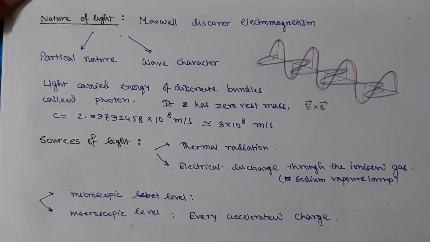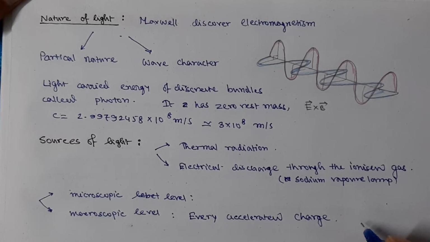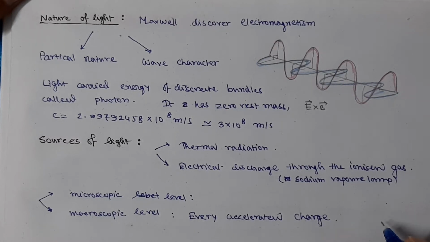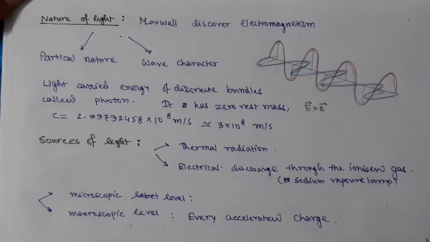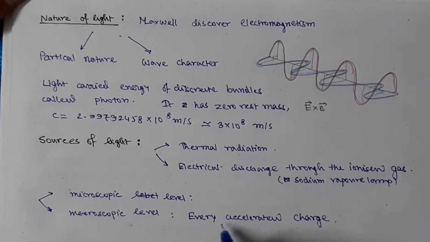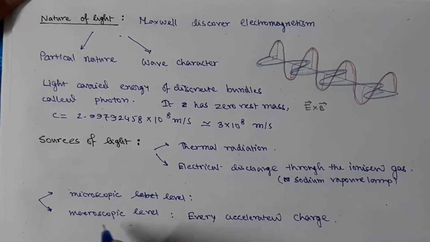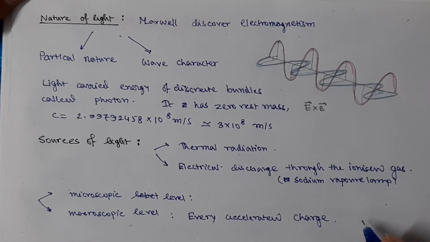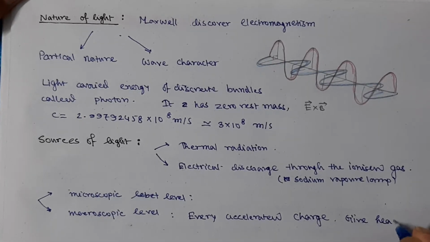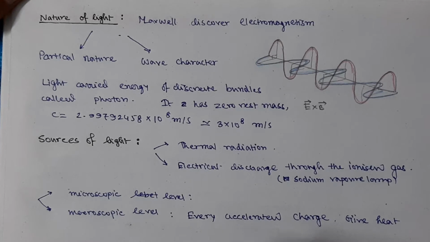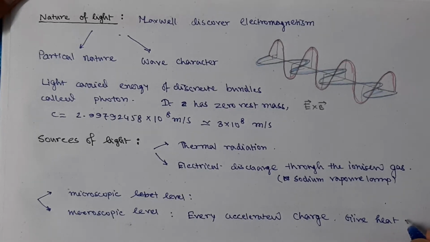Okay, if the charge moves with a constant velocity or the charge is stationary, then it never produces radiation, it only produces an electric field. So when the charge is accelerated in some medium, then it actually produces electromagnetic radiation. So when the charge is accelerated, when we give heat or thermal contribution to this surface.